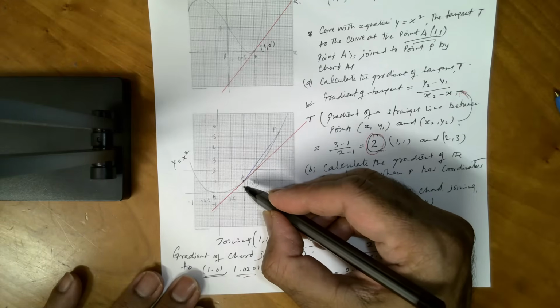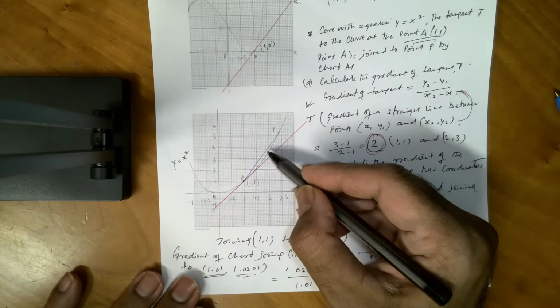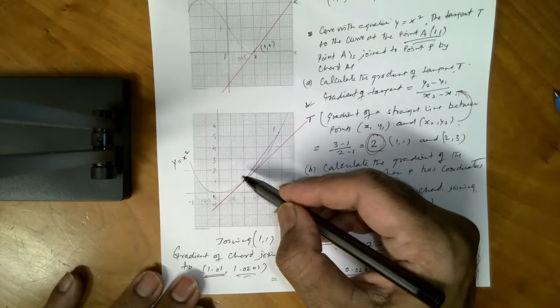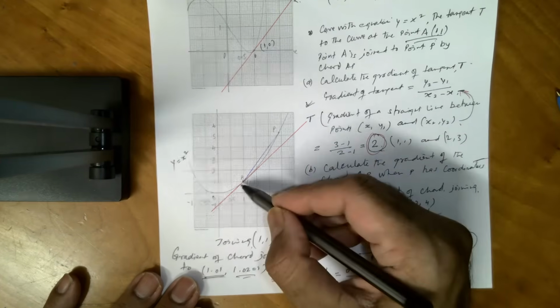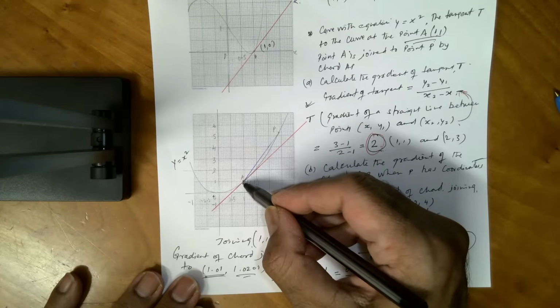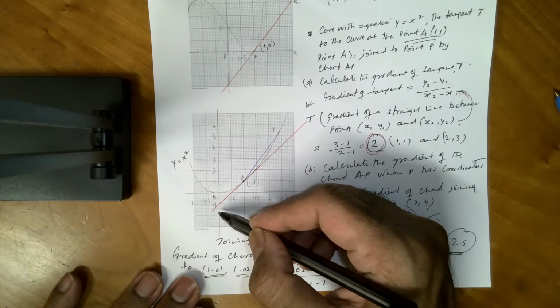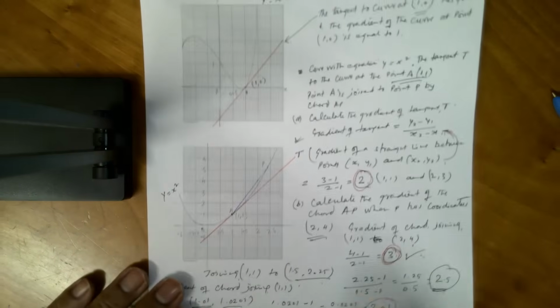As P gets closer to A, the gradient of the chord AP gets closer to the gradient of the tangent at A. So this will get closer to this point, therefore they get closer to the tangent. Gradient of the tangent at A. So that is the relationship. Please understand this one, it's very important. Now I hope you really understand that.